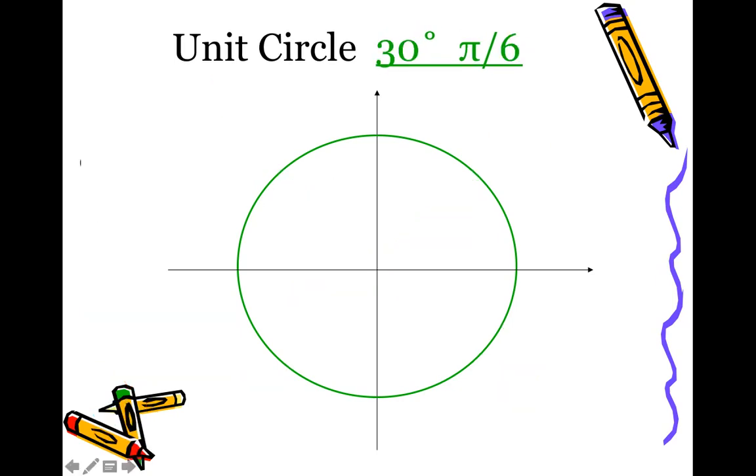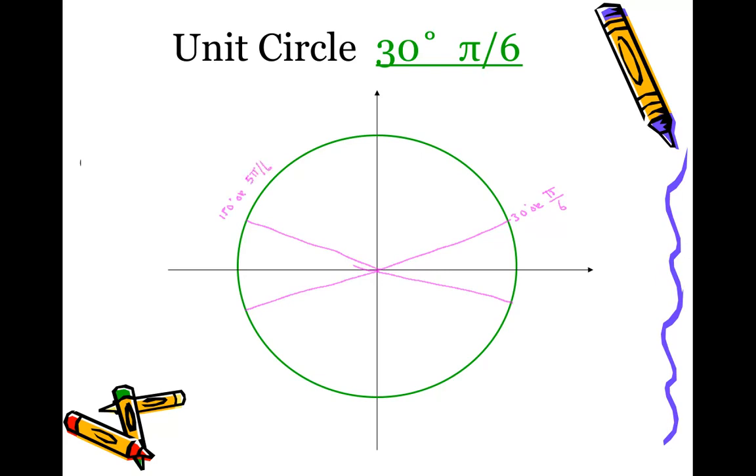Let's look at the 30 degrees. I'm going to split this up, and I'm going to draw in all my 30s, and then we'll put it all together. So all my angles that have a reference angle of 30 is what I'm drawing in. Okay, so this is 30 degrees or pi over 6. This is 150 degrees, or 5 pi over 6, right?